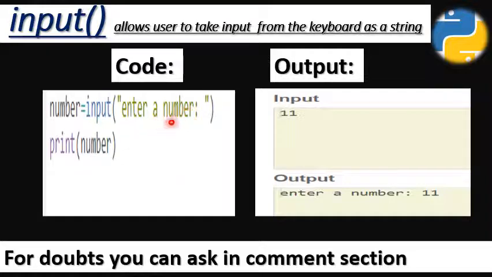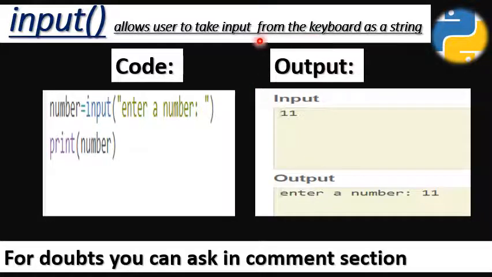Now this enter a number will be printed on my screen and it will ask me to enter a value because it is inside my input function. Whatever value I input, it will print that value because I used the print function for my variable number. So see in the output, enter a number is printed, then I input a number which is 11 and it is printed on my screen.